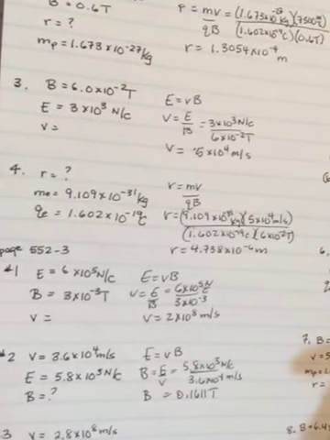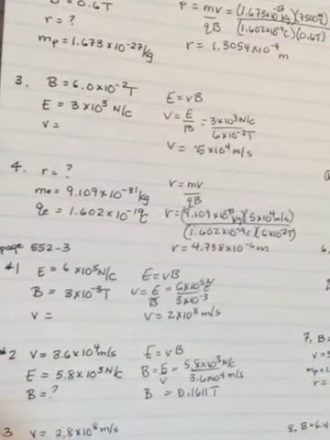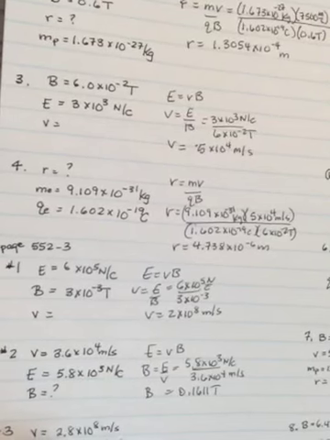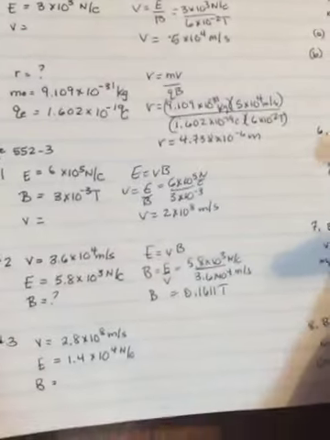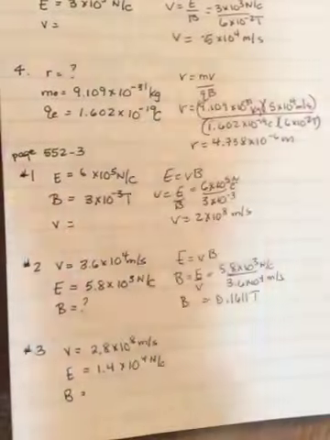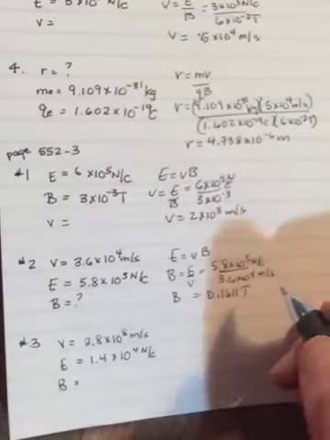All right, number 3, electron beam moving 2.8 times 10 to the 5th in an electric field. What is the value of the magnetic field? Exactly the same question, just different numbers.